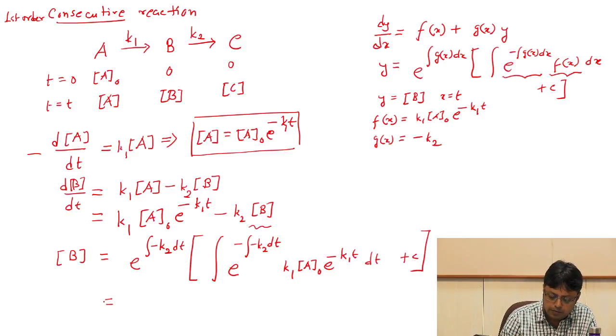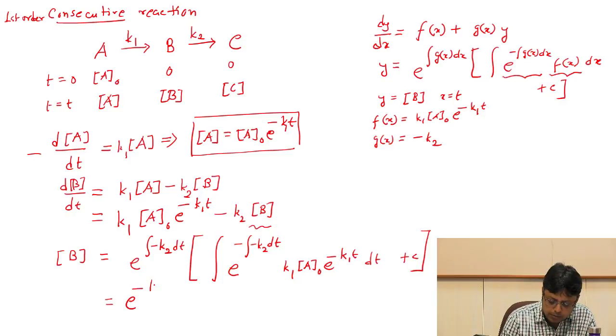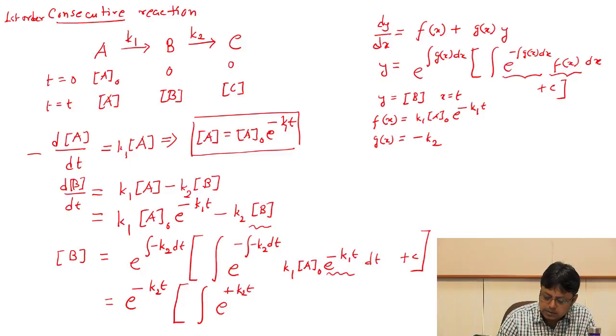Now if we write it down very carefully, I'm keeping the c right now. K2 is just a constant, so this will be nothing but e to the power minus K2 into t, and inside the bracket I'll have e to the power plus K2t now, because there are two minus signs, and then I have e to the power minus K1t, but I could write them together.